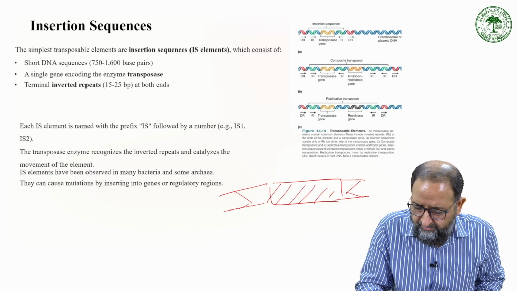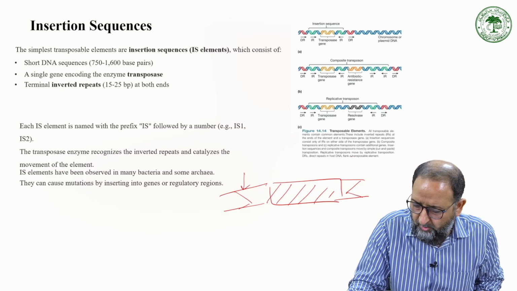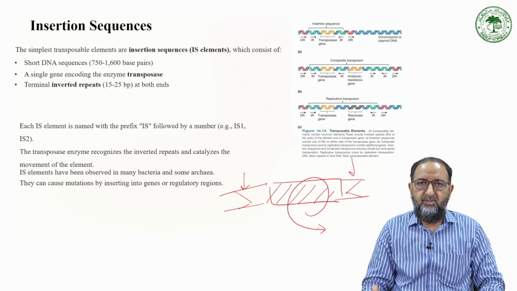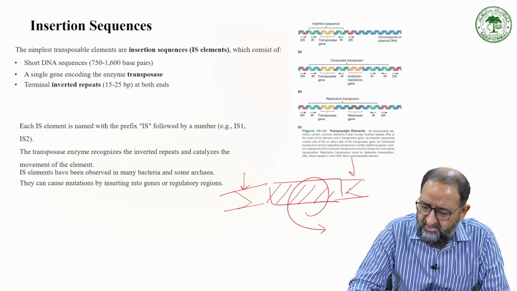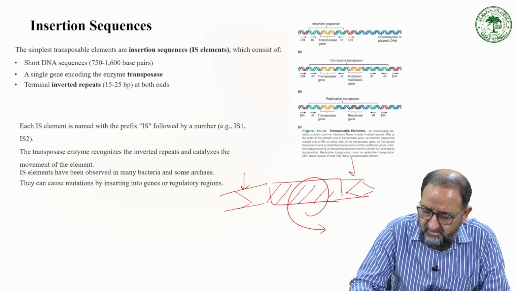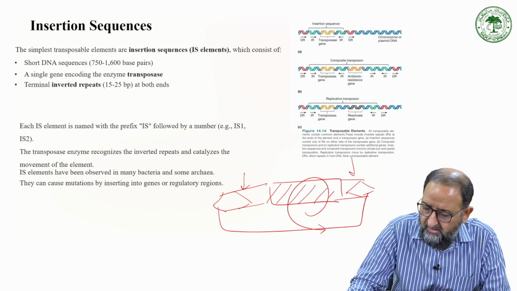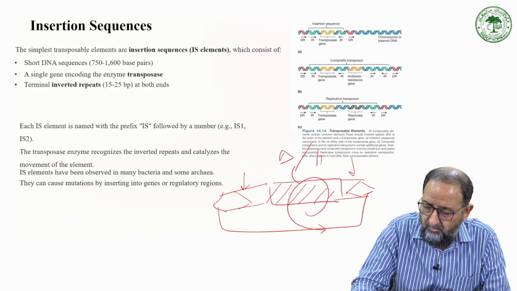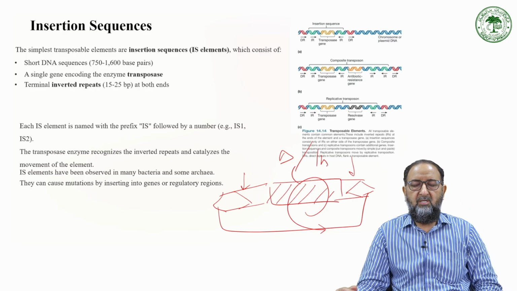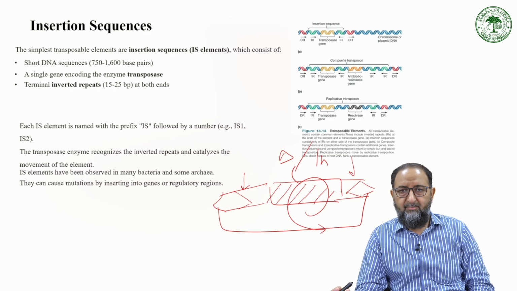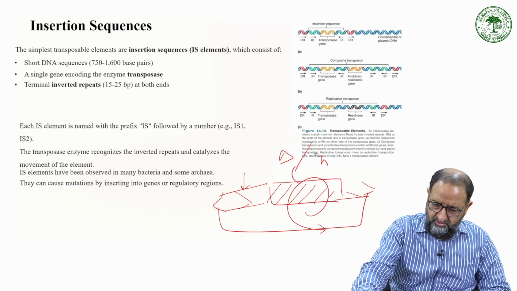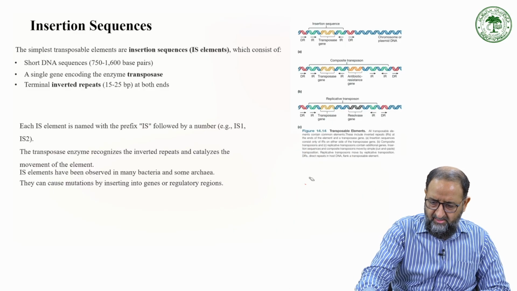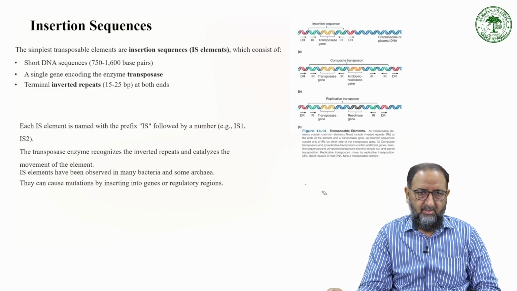Now, this inverted repeat is basically responsible for inversion of this gene, or if it is a direct repeat like this, it causes deletion or insertion. So this is the function of IS elements, depending upon what kind of structure the IS element has, whether it is flanked by inverted repeats or direct repeats.